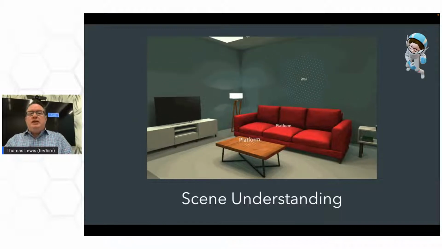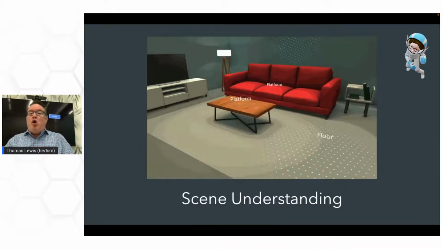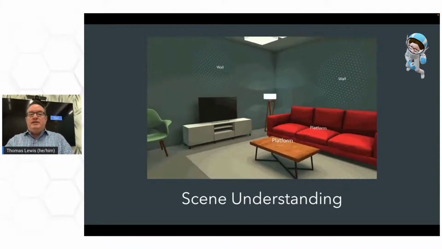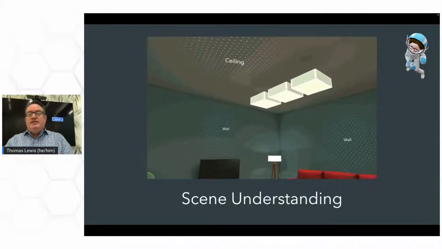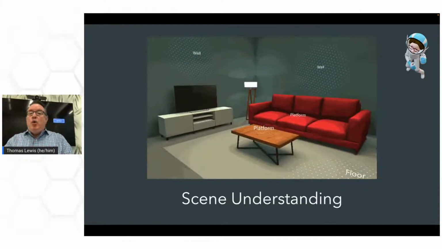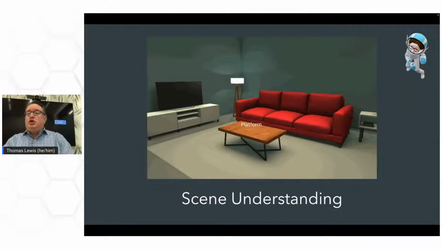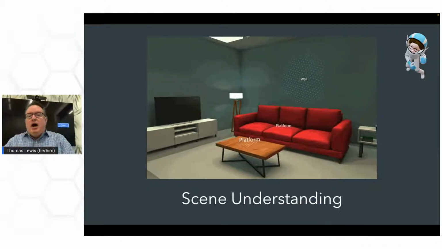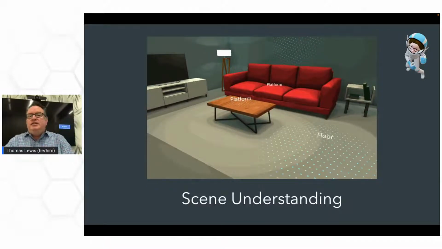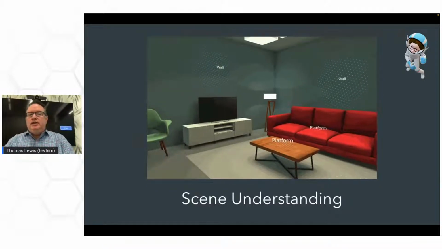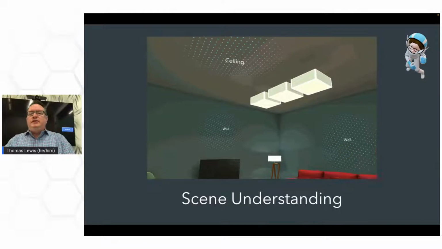So here, for example, you can see that it knows what a wall is. It knows what a floor is. It can see the ceiling as well as what is a platform, right? So anything that you may want to be able to put something down on. And what's nice about this is, for example, you can start to build really interactive experiences, right?